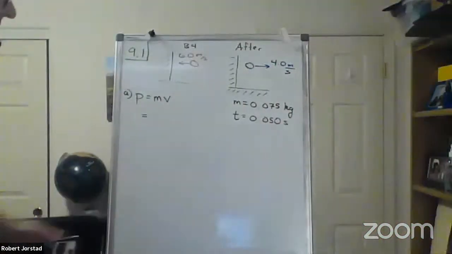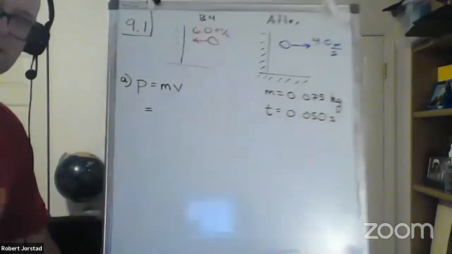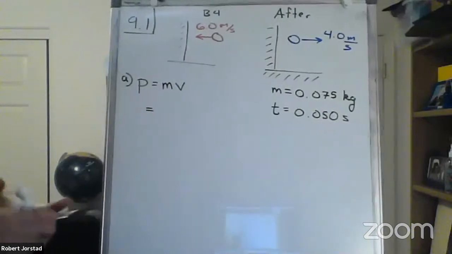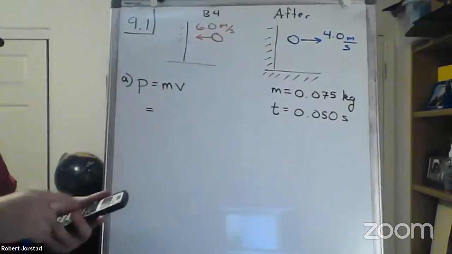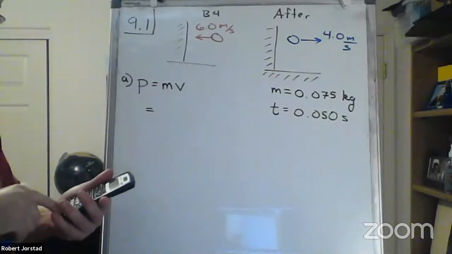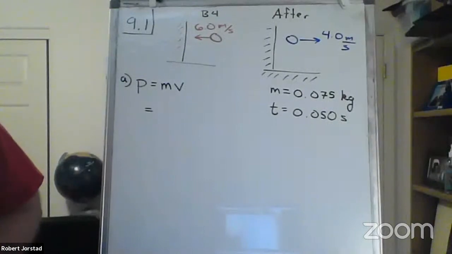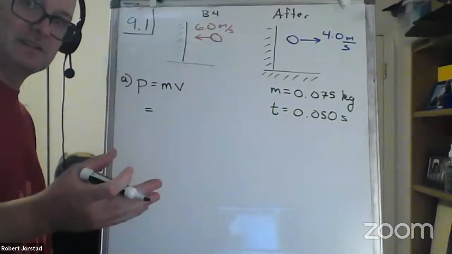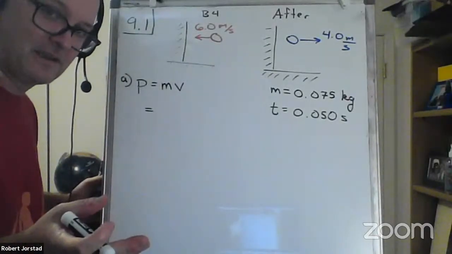Okay. What do you get for the momentum? For before or after? For before. Aren't we doing the initial one is before? Initial momentum 0.45. Okay. And then what would I immediately say to you at this point? Units. Okay, good. What else?